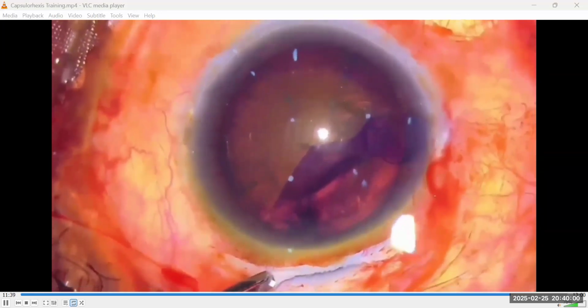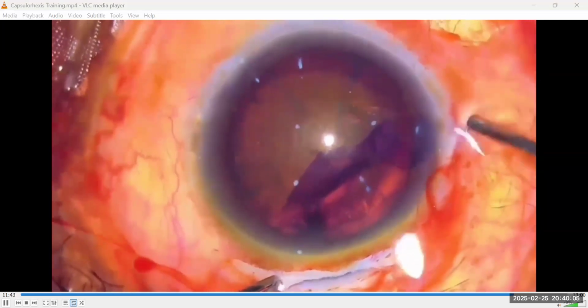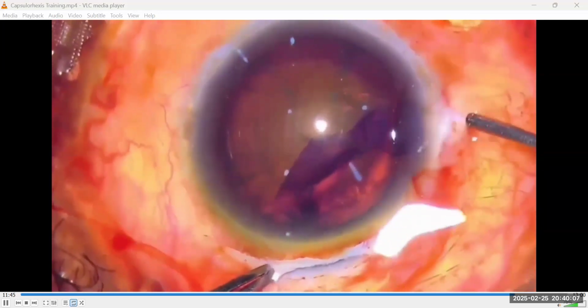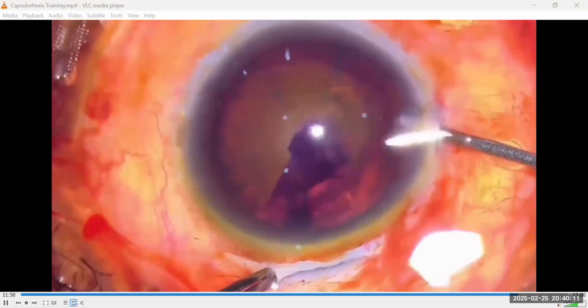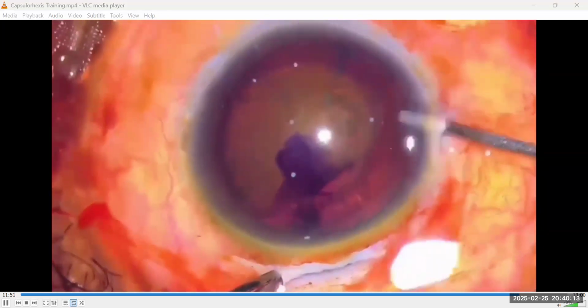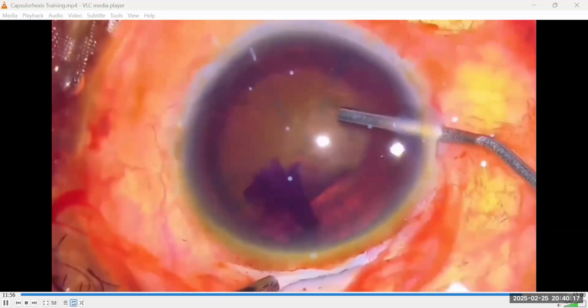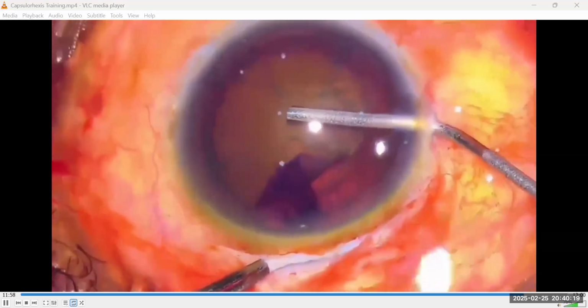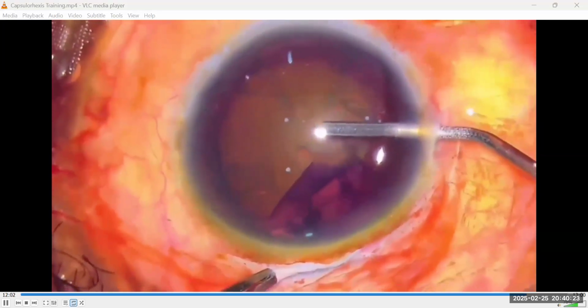Just make sure that the instrument is free of any flap tagging along it. Repressurize, achieve a very deep anterior chamber. I want my flap upon a capsule to give me a sector. That was why I did that approach.